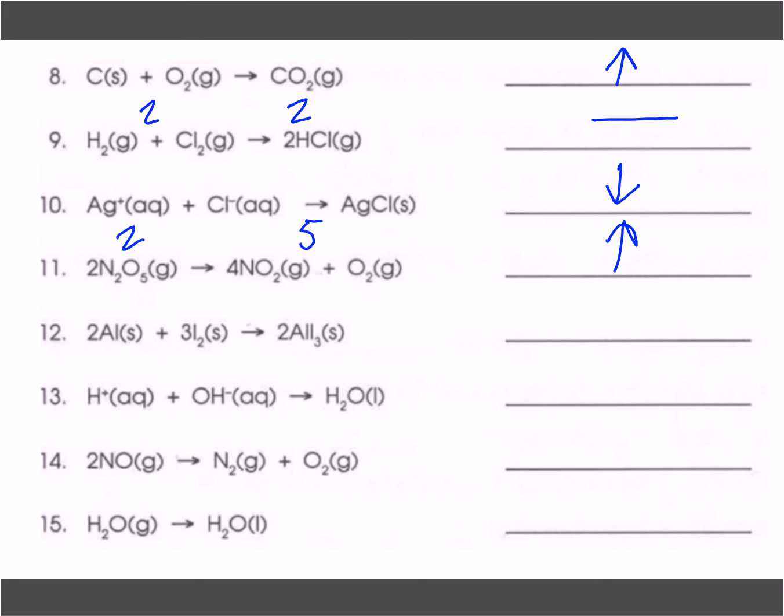Increasing. Number 12, solid, solid, solid. Now this one, folks, you're not going to see as much, to be honest. We're still going to follow that simple idea of looking at the number of moles. It's really not as simple as that. But for the sake of our notes right now, how many moles do I have on the left? 5 on the right. All right, so what's going to typically happen here? It's going to decrease.